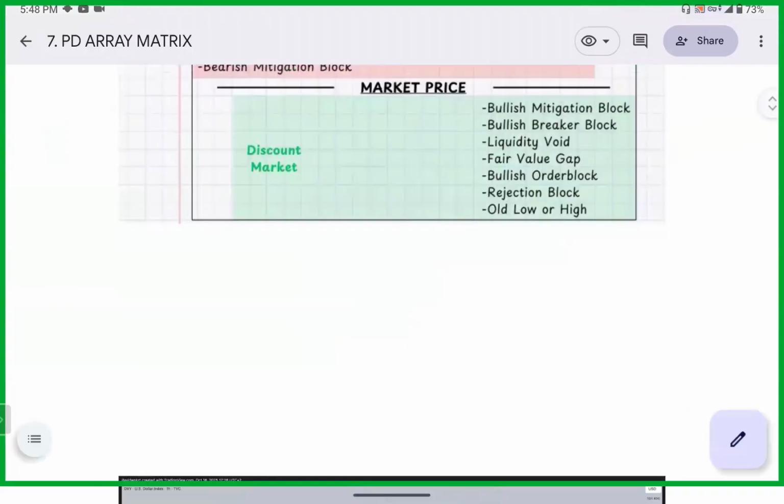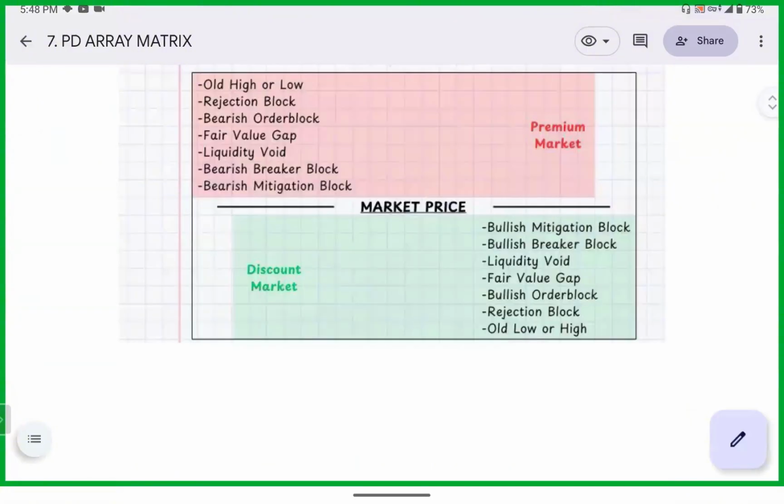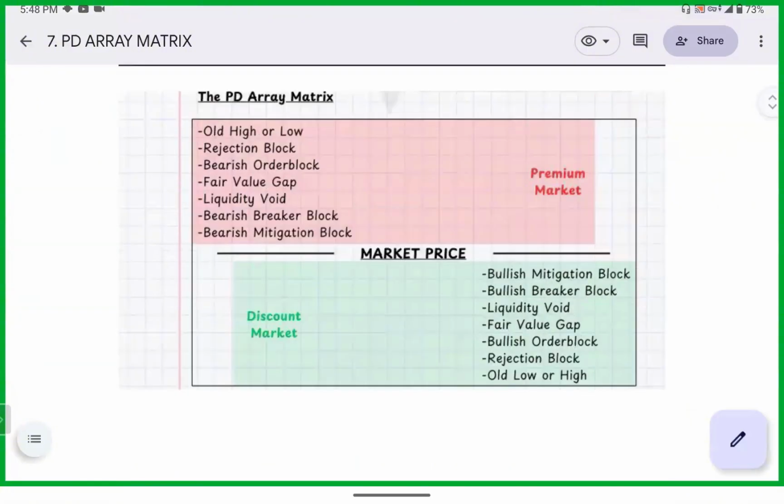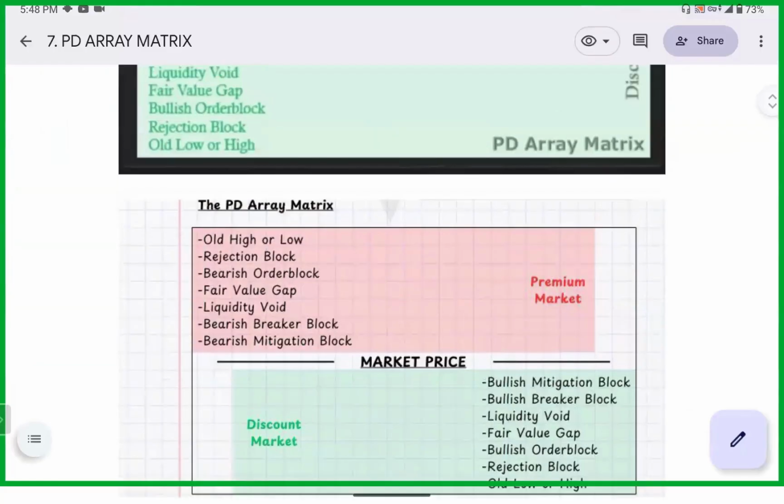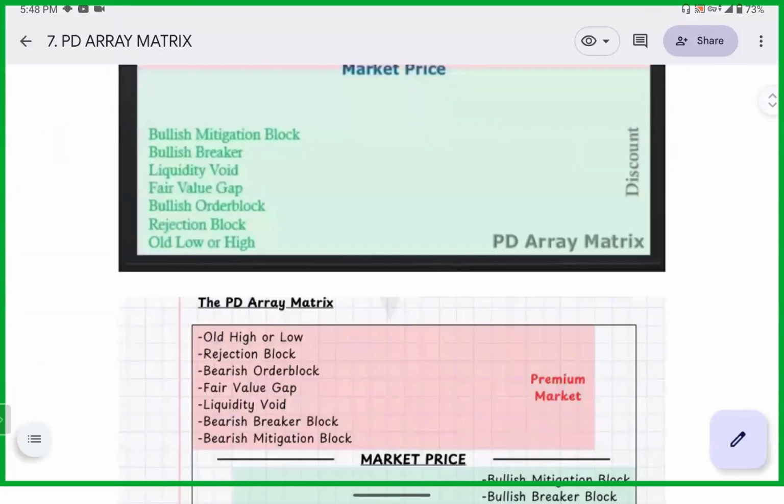Yeah, so our markets move the same way. This was an illustration of premium and discount, put this into consideration.